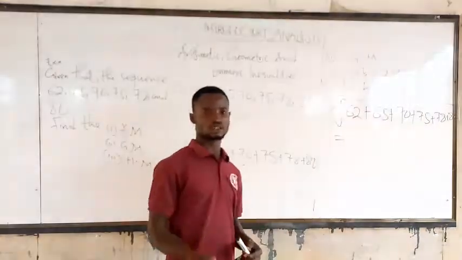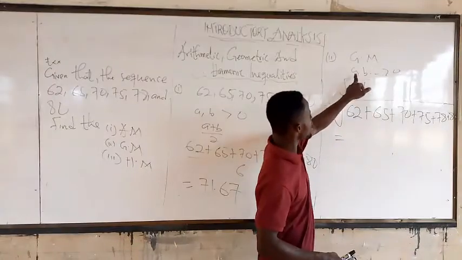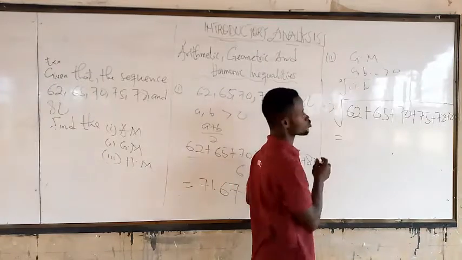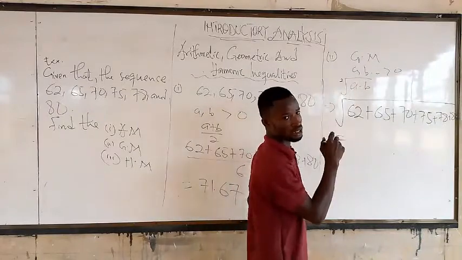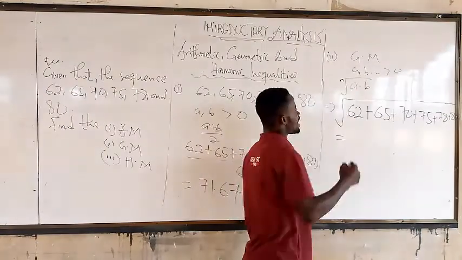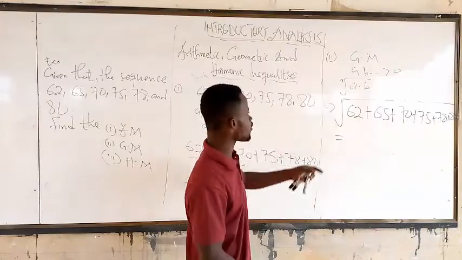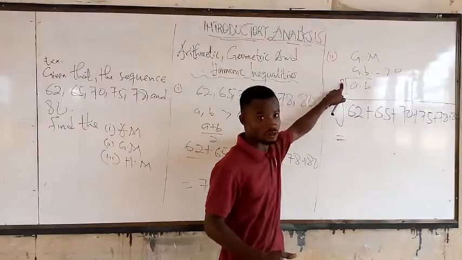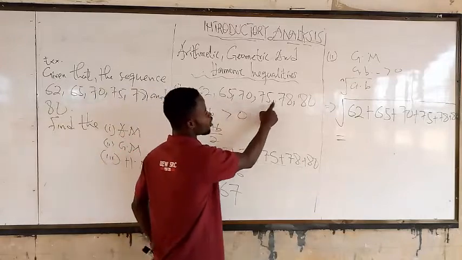Oh, I forgot to also remind you of something. Here we have two terms, that is why we are taking the square root. Don't forget it. So it's like the nth root, and the n here represents the number of terms in the sequence. And how many terms do we have in the question? 1, 2, 3, 4, 5, 6.